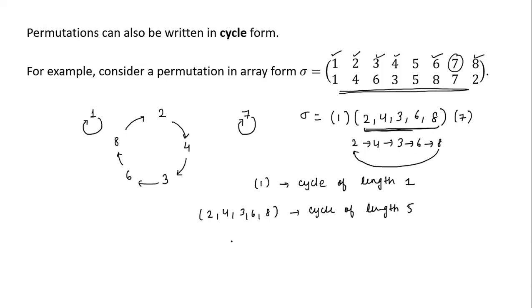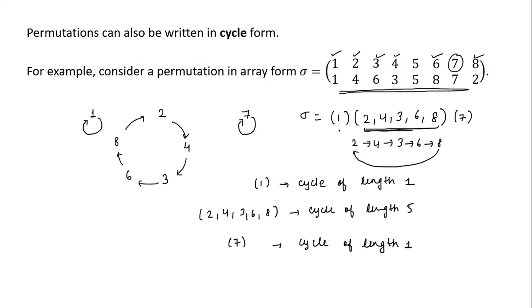Alright, and 7, it is again a cycle of length 1. So we can even see what is the length of a cycle. These lengths will be important. Now we can see we can represent any permutation in cycle form.